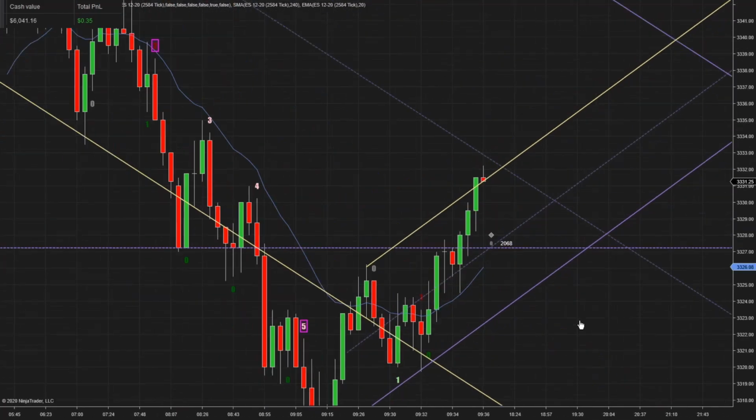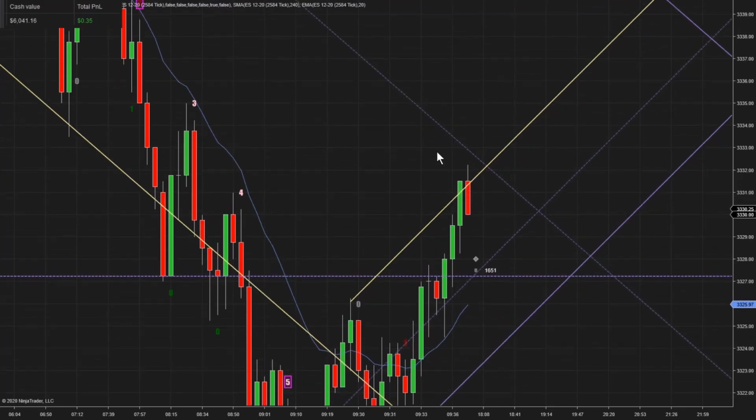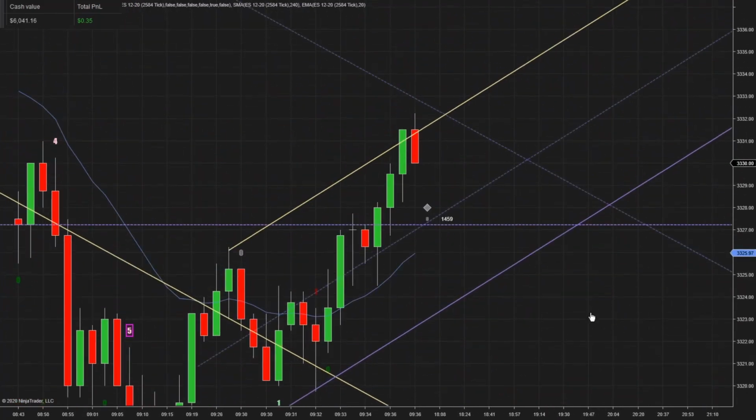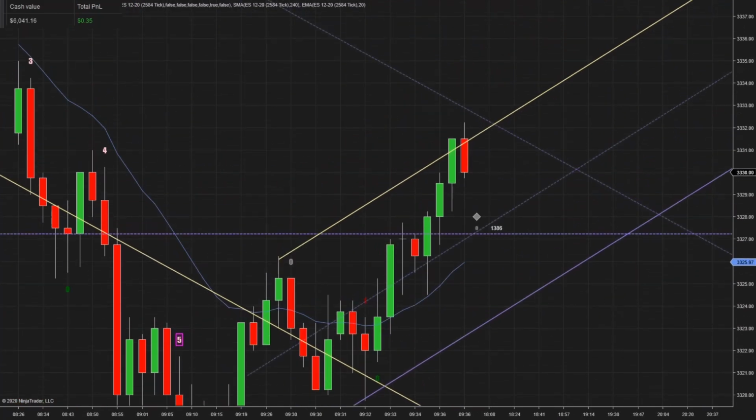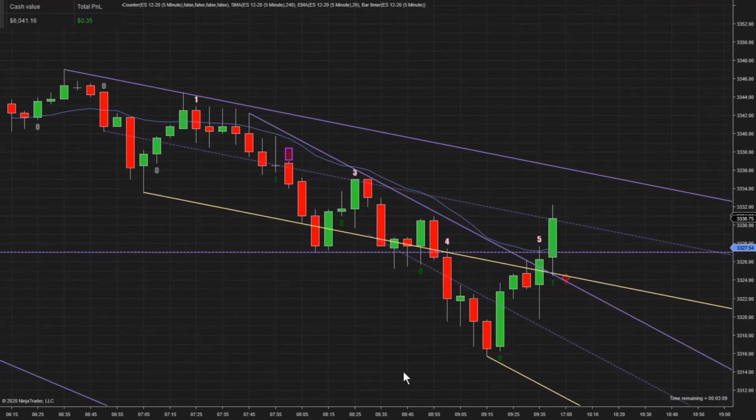All right. So strong bull. We're at the 50% here. If we get a good signal bar here, I might be interested in a short trade here. Breaking out on the 5 minute.